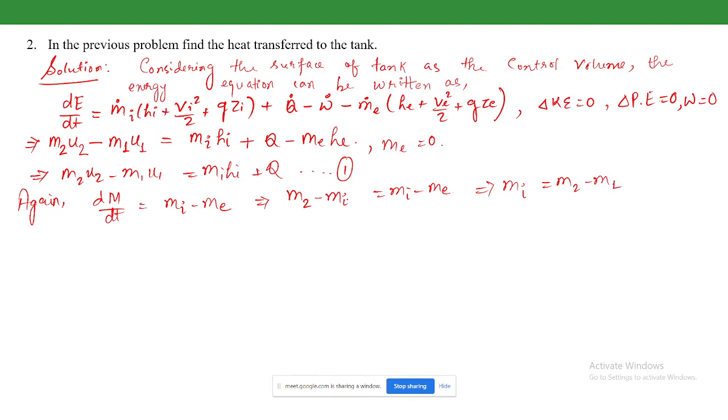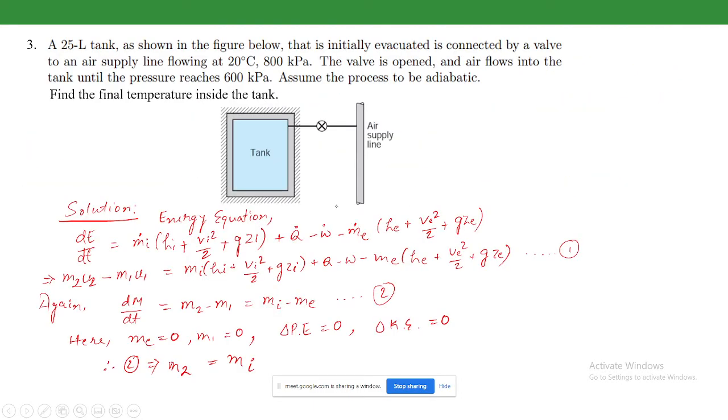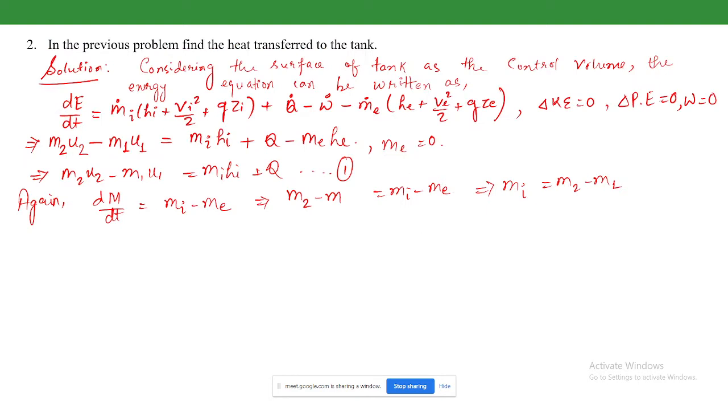Therefore, if we put this value in equation 1, then Q is equal to m2u2 minus m1u1 minus mi hi.